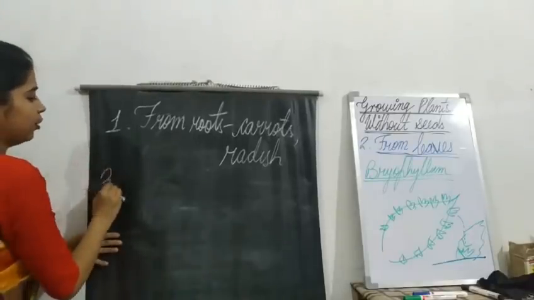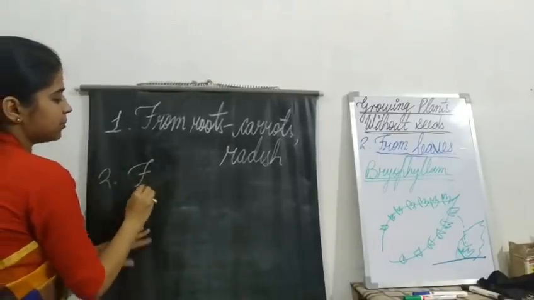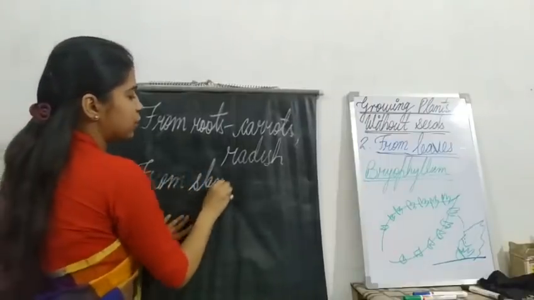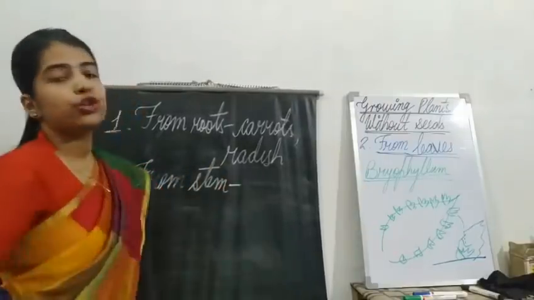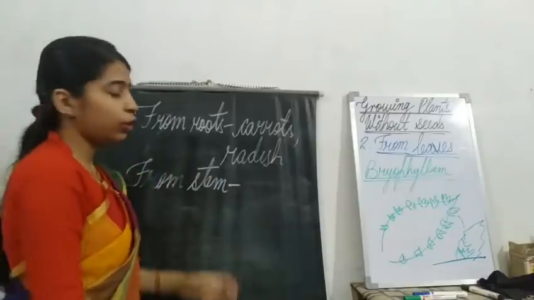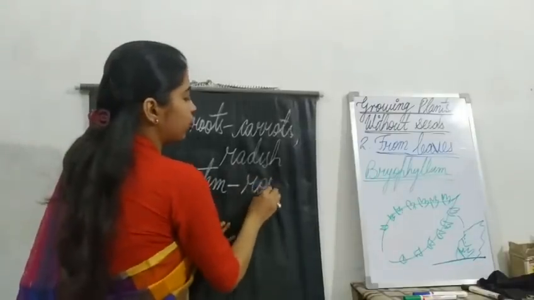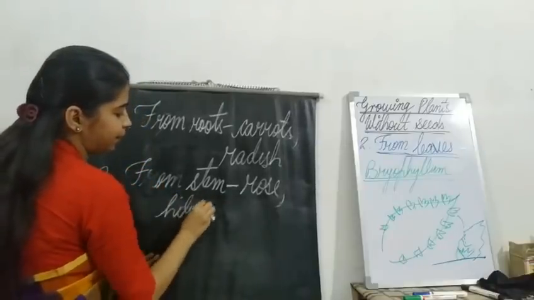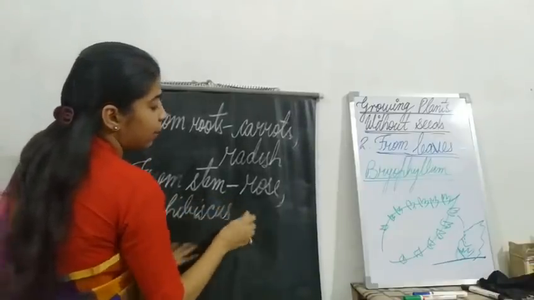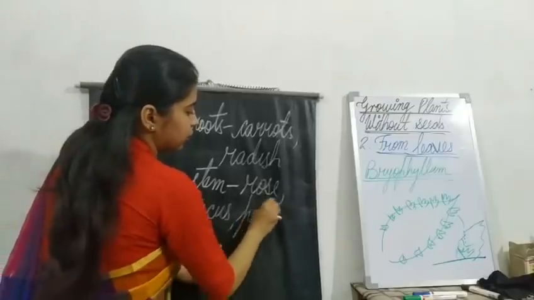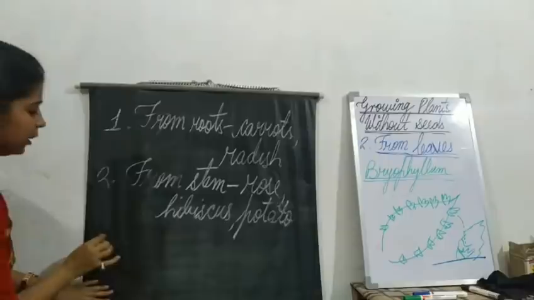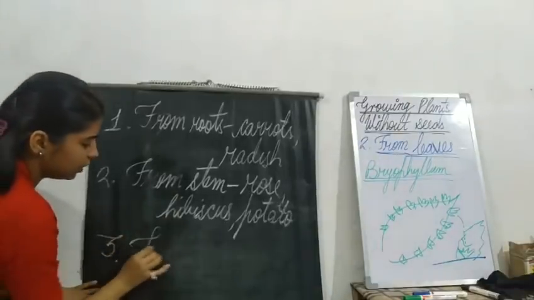Then from stems, or you say from stem cutting. So from stem cuttings, what have you learned? Rose you can grow. Then hibiscus, potatoes, and etc. Clear? And the third one we have learned is from the leaves.